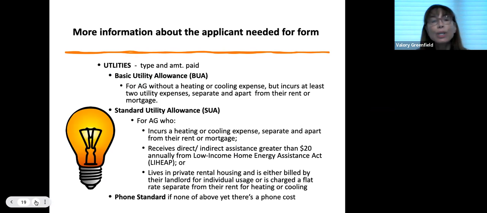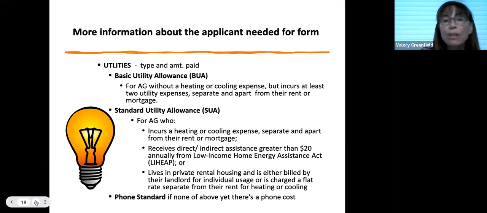You'll also need to know if this household pays for utilities. Now, the formula: the Department of Children and Families publishes two allowances for utilities. One is called the standard utility allowance, one is called the basic utility allowance. You need to find out from your household, do they have a heating or cooling expense?